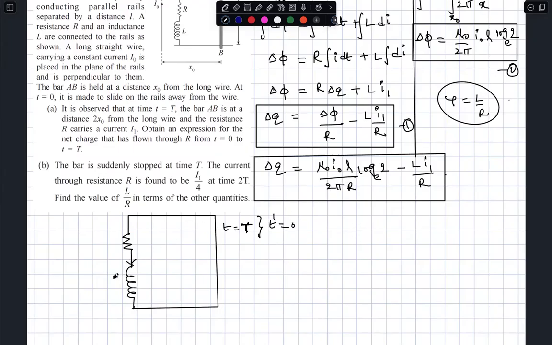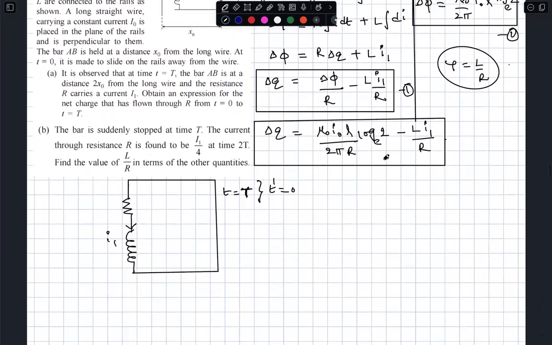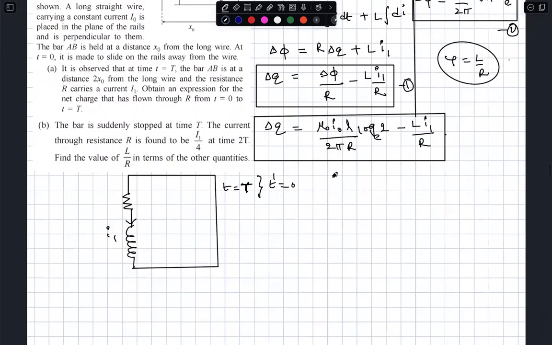At that time, the current is I1. You clearly mentioned that. Now it is a decay circuit. I is I1 e to the power of minus t dash by tau.